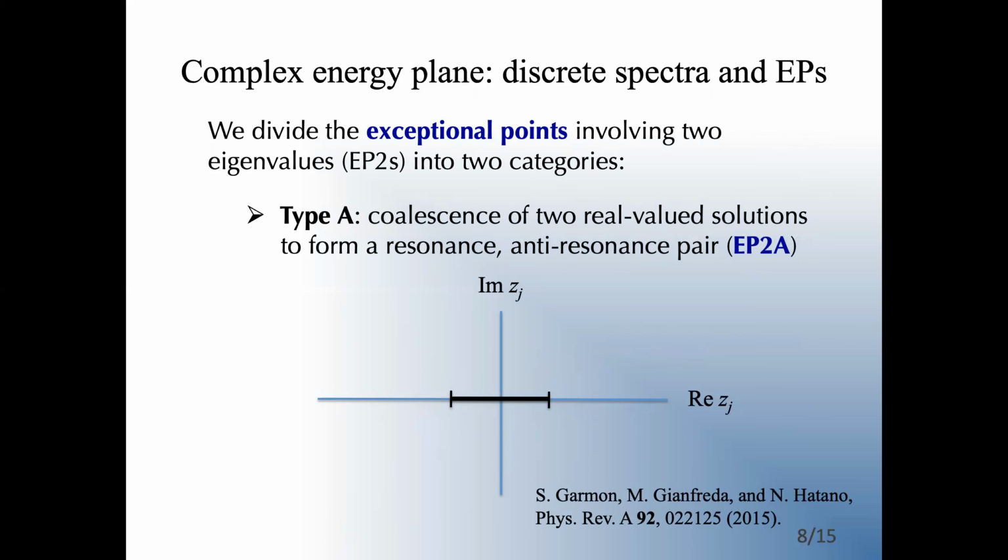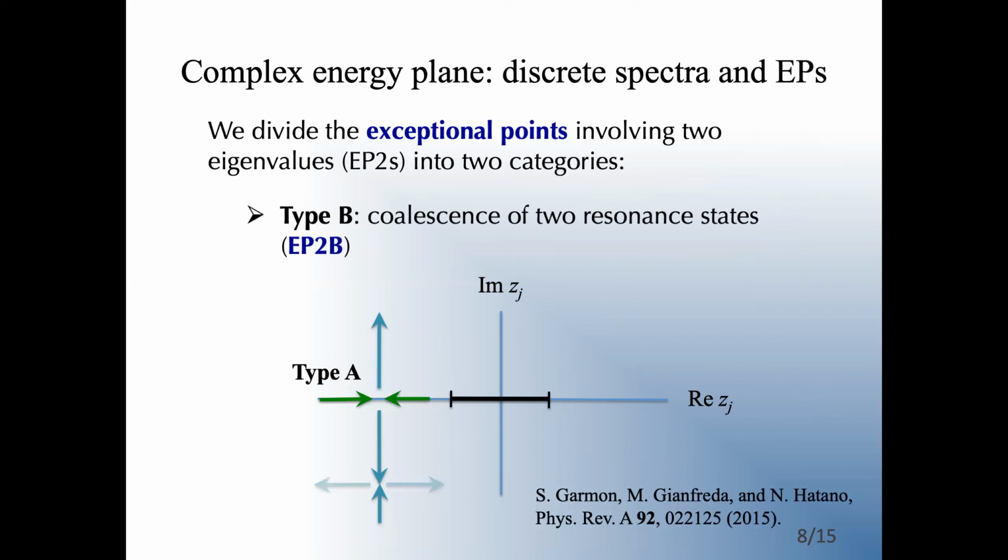Now we introduce a simple categorization scheme for the simplest case of the exceptional points, that is the EP2s, which are the most commonly studied in the literature. A type A, or an EP2A, is the case in which two real eigenvalues coalesce before forming a resonance-anti-resonance pair.